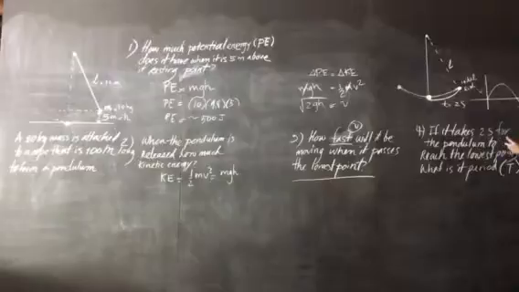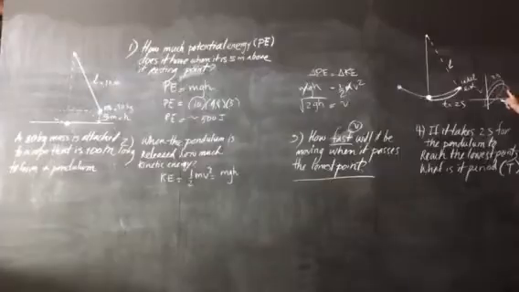Now if it only takes 2 seconds from here to here, that means this part itself takes 2 seconds. You were asked to figure out how long the pendulum takes to finish its cycle. So you add it up.